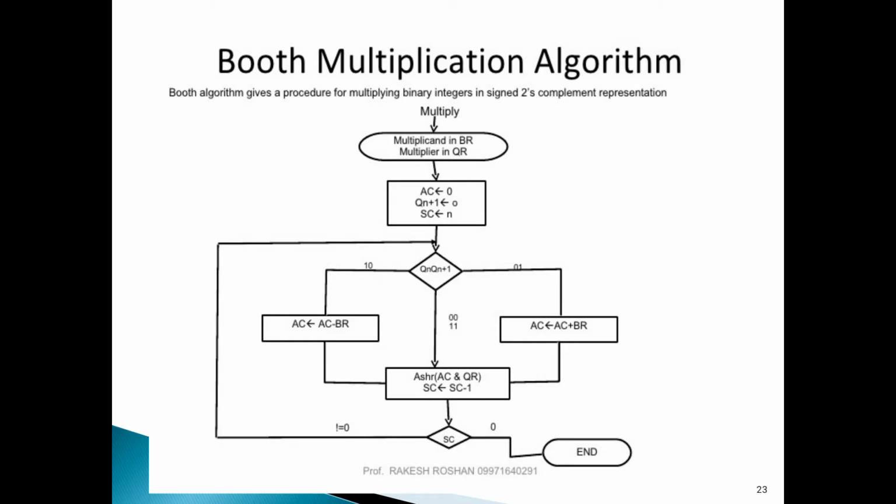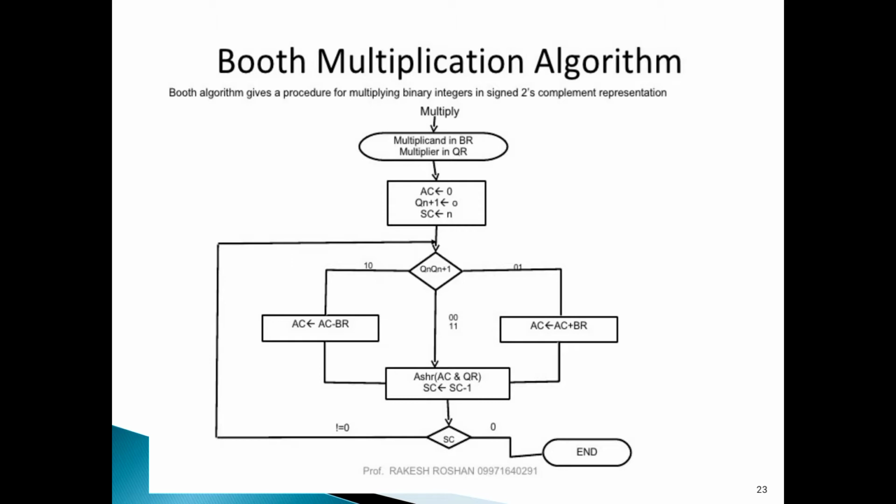If in case Qn is equal to 1, Qn plus 1 equal to 0, then what will you do? Add AC plus BR, right?